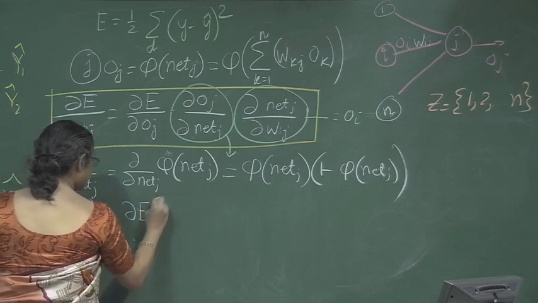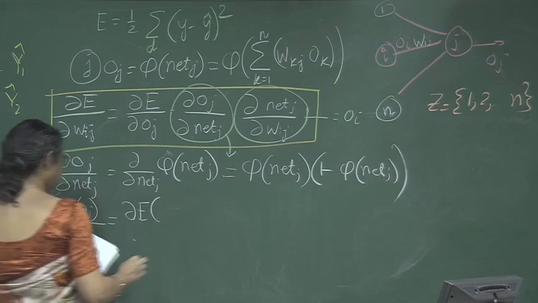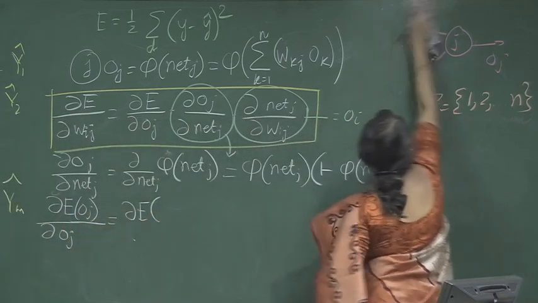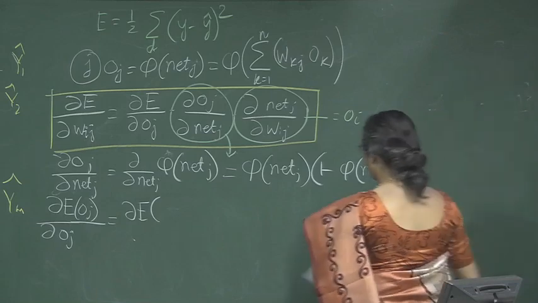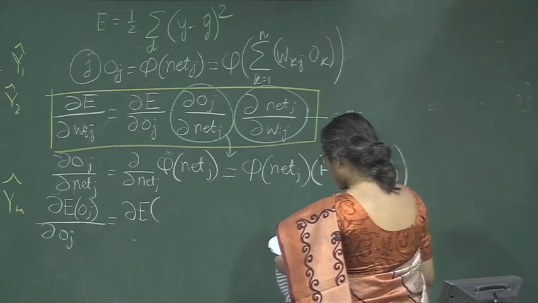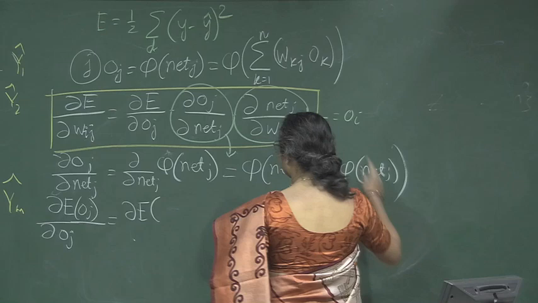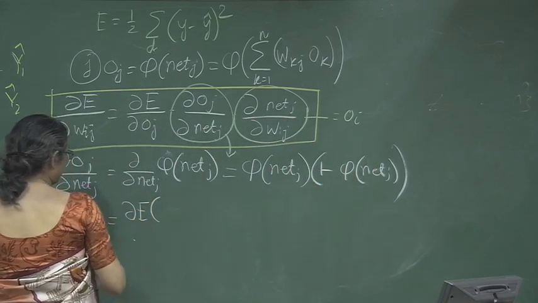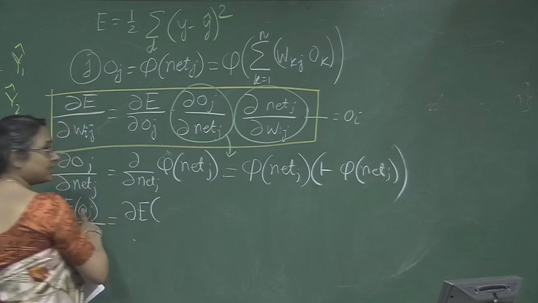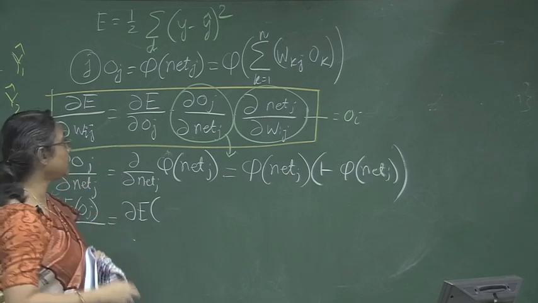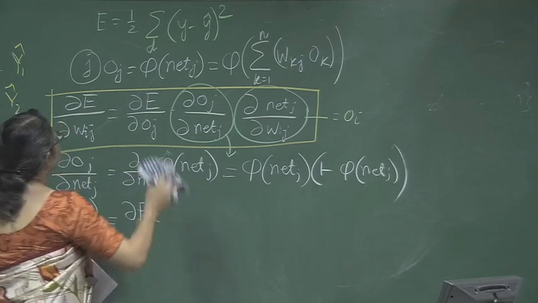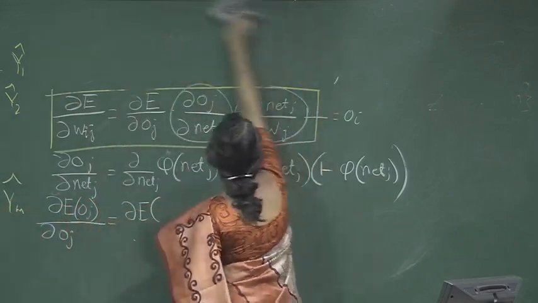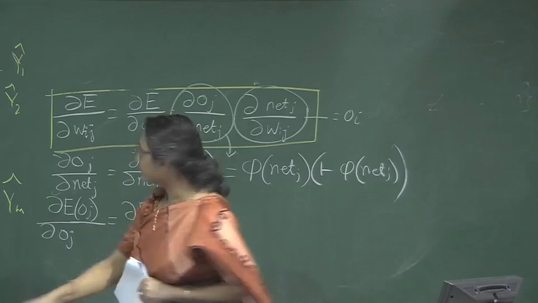Let me write it in a proper way. It is the other way around. The error at the unit oj has come from the units which are upstream of oj. So, let me rub this part so that we can make the drawing here.